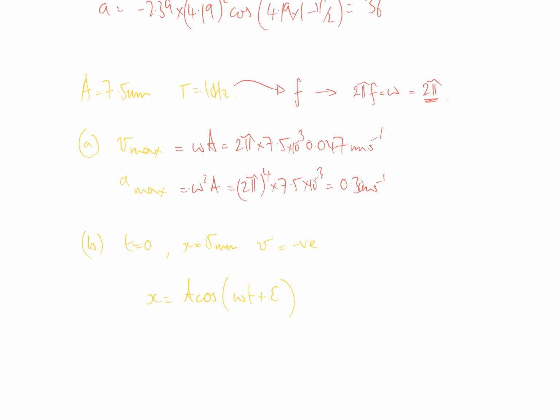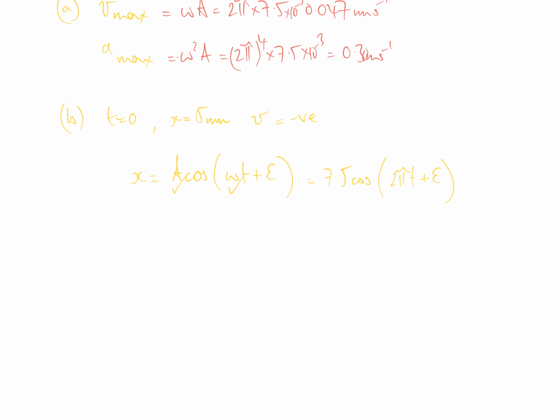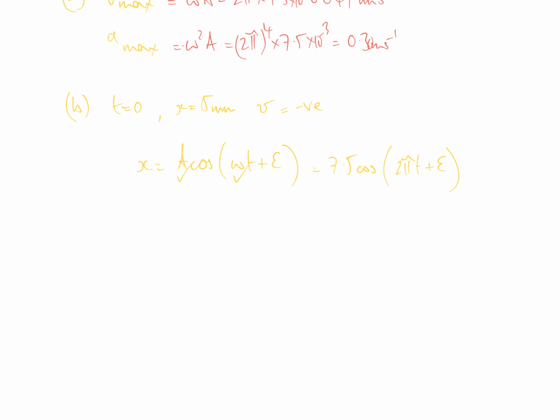Hopefully it's straightforward. We know what omega is now and we know what the amplitude is, so let's write this in: 7.5 cos(2 pi t plus eta). Then let's substitute.